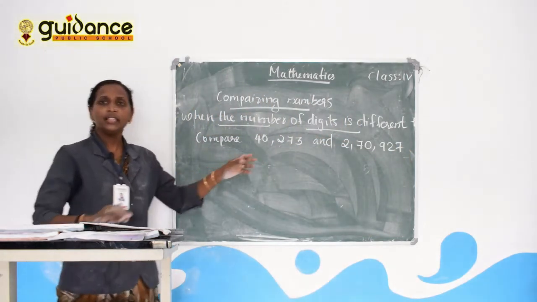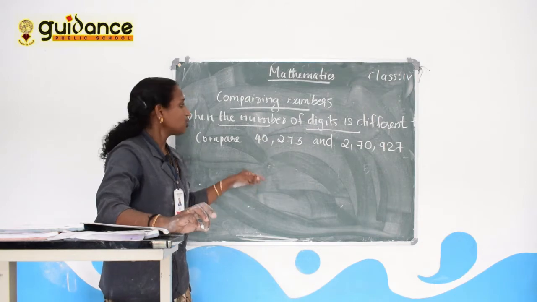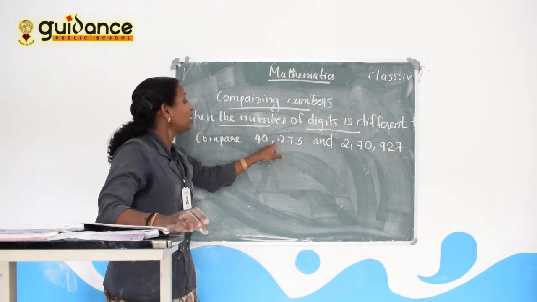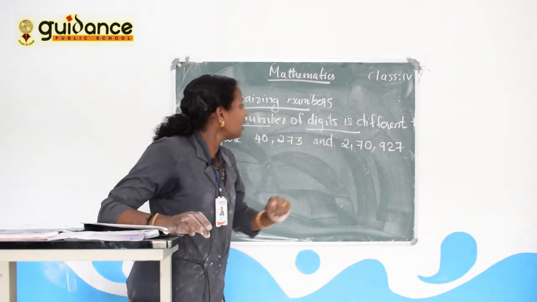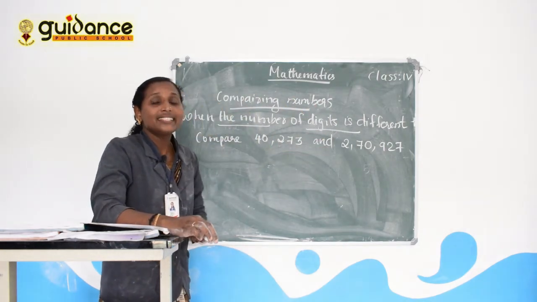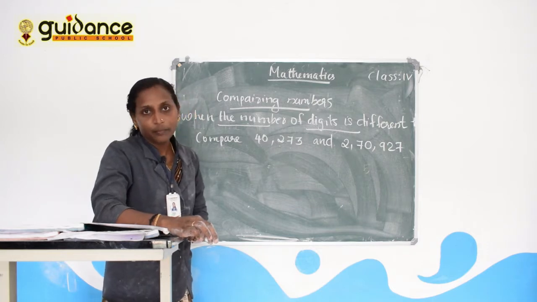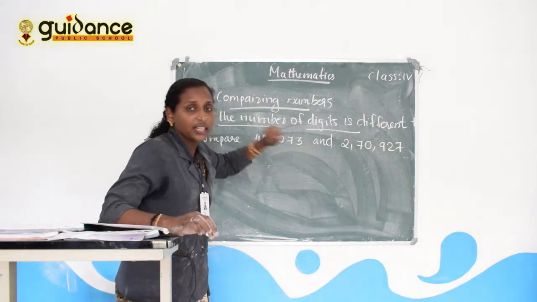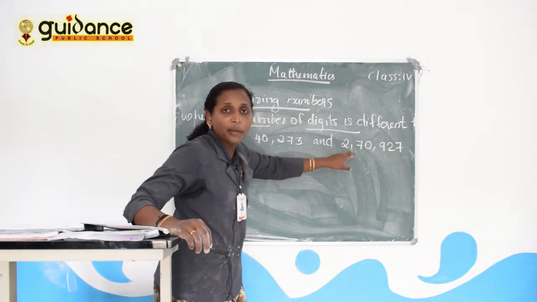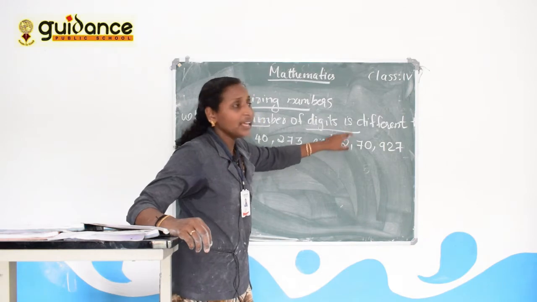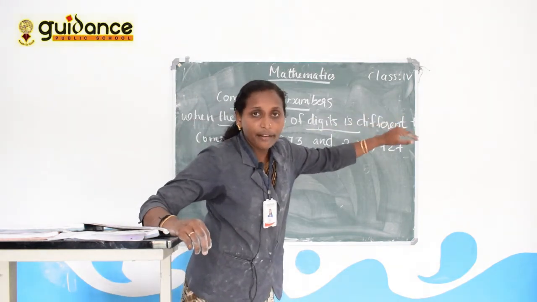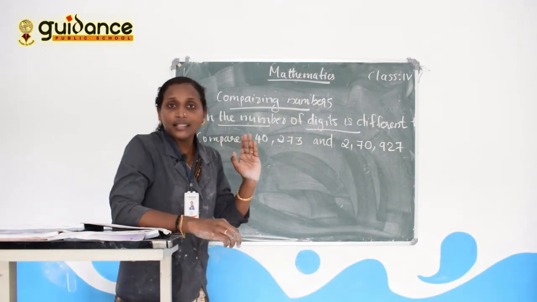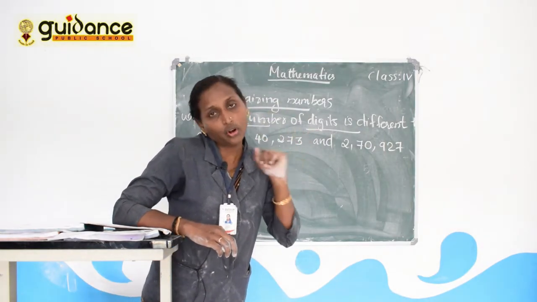All of you look at these numbers. The first number is a 5-digit number. The second number is a 6-digit number. First we have to write the numbers in place value order.